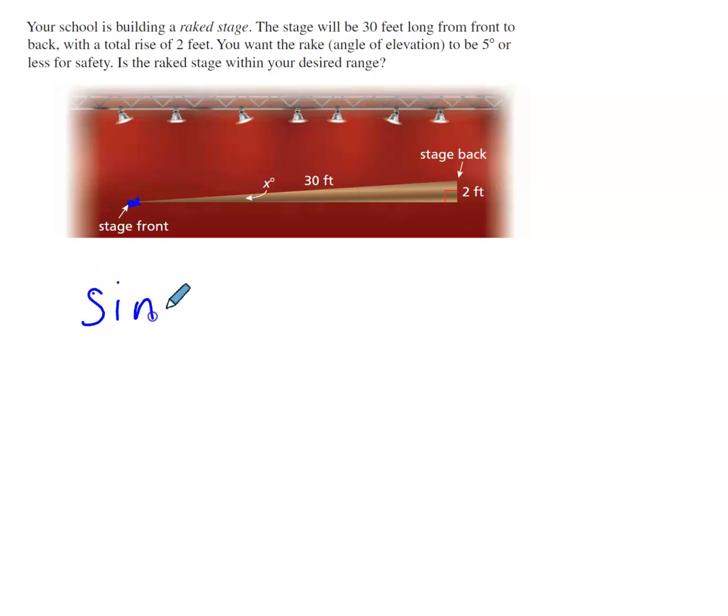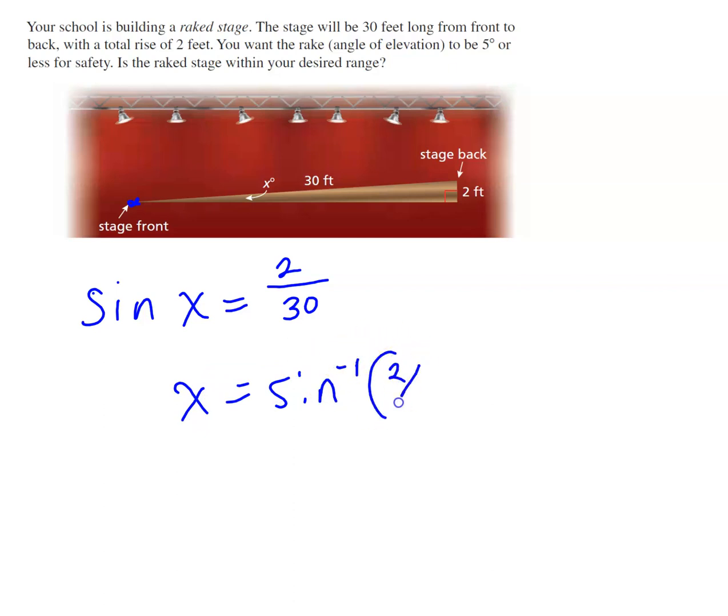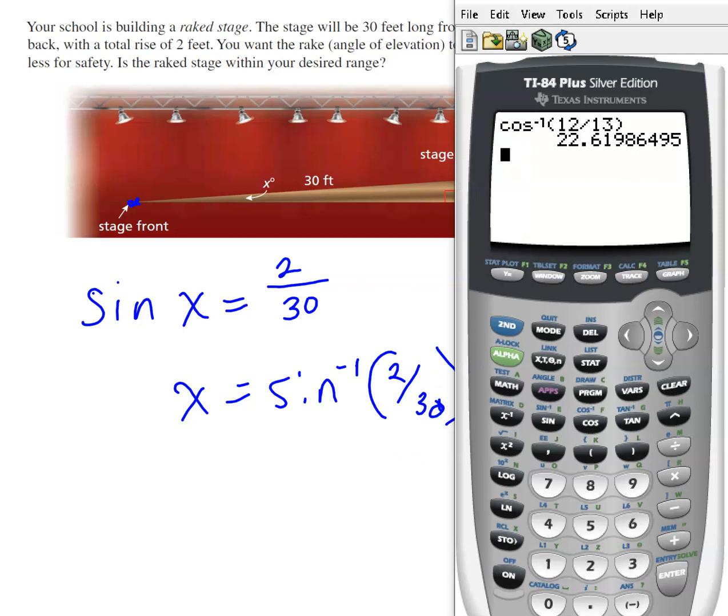So the sine of our angle x is equal to opposite over hypotenuse. And remember, to find an angle, we use the inverse of the function, so inverse of sine of 2/30. You can simplify that if you want, since the calculator is going to do the computation anyway. It doesn't really matter. You can decide.